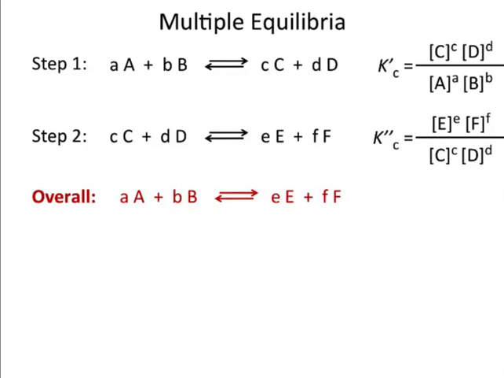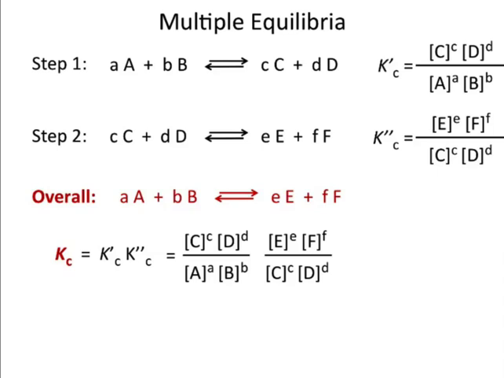And so how do we get the new equilibrium constant for this overall reaction? Well, it's the product of the equilibrium constants of each of the constituent reactions. So if you add reactions together, your equilibrium constant is the product of the equilibrium constants of those reactions.